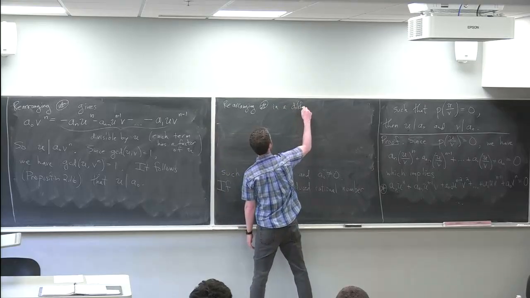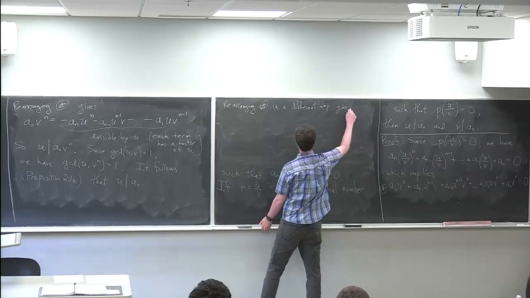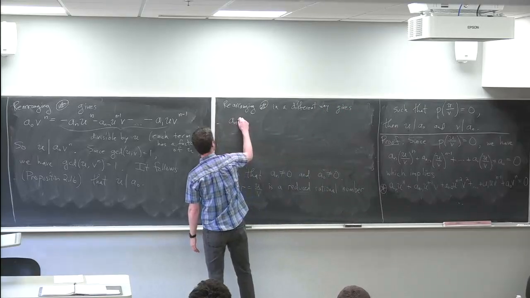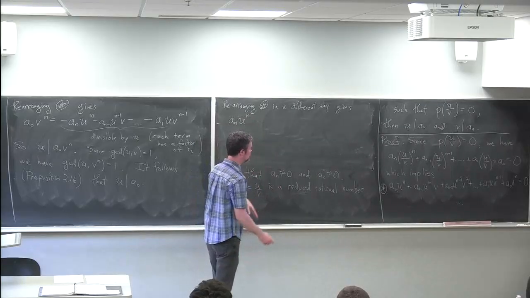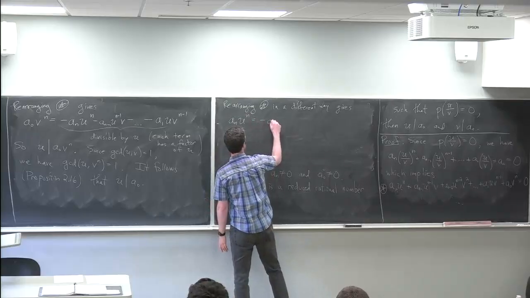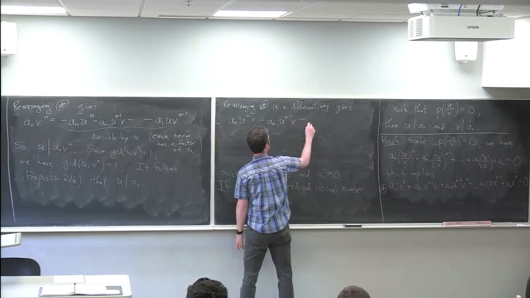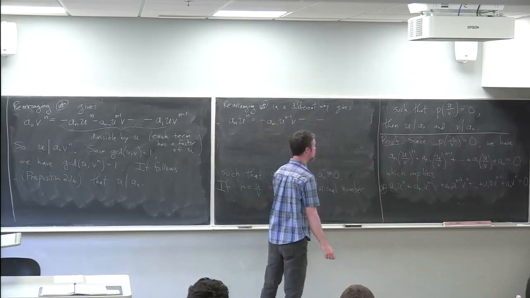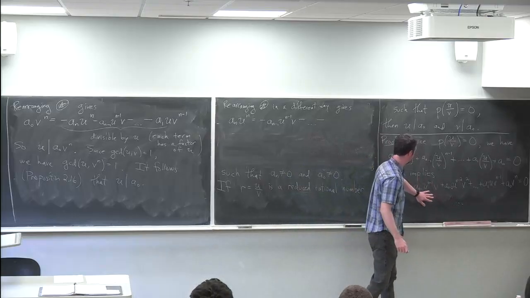All right, so you can leave the an u to the n alone, move everything to the right. What does this look like? So this is on the left, move everything else to the right.